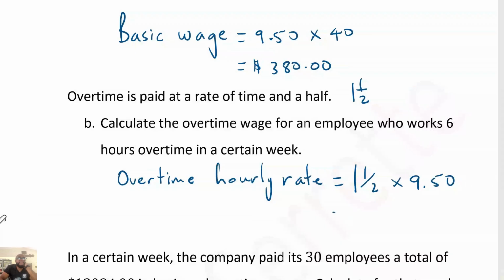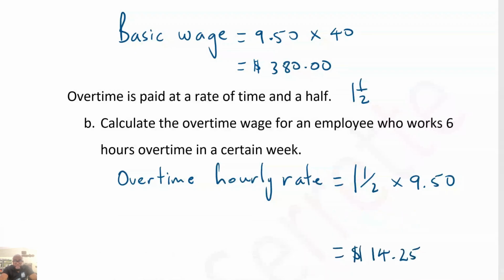So how much are they working for per hour in overtime? Come on, Olivia, work faster than that now. Right, so when you work it out, $14.25. This is the overtime hourly rate.